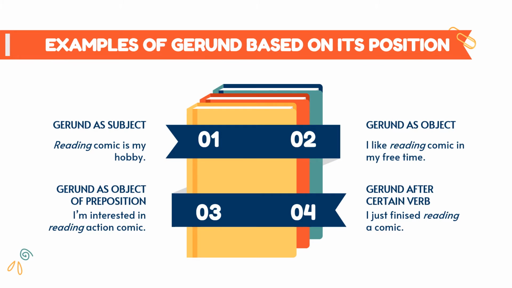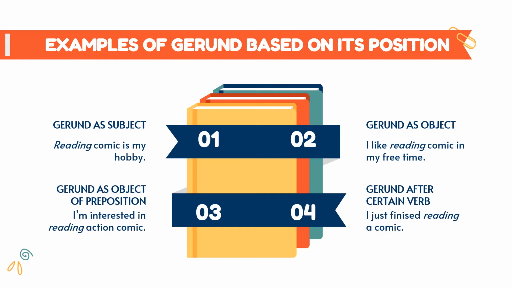Here are the examples of gerund based on its position. So, there is gerund as a subject, gerund as an object, gerund as an object of preposition, and gerund after a certain verb. I will be reading the examples for every position. The first, as a subject, is: Reading comic is my hobby.